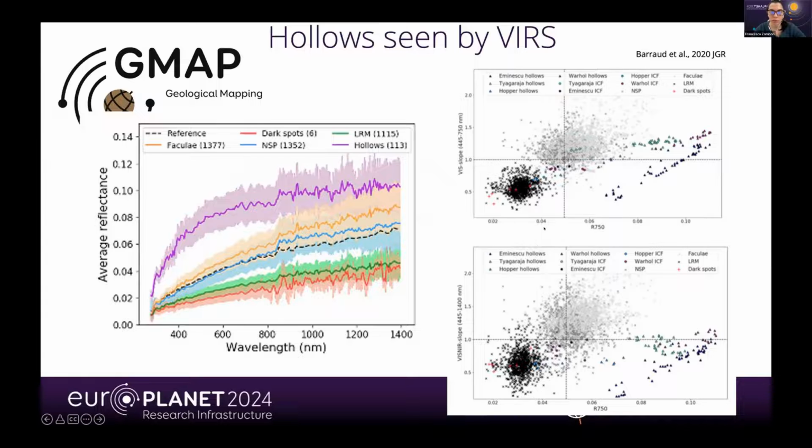And so in this case, for example, you see the reflectance at 750 nanometer with a visible spectral slope, which identify different clusters for the different hollows and terrains, and a similar plot you see on the bottom.